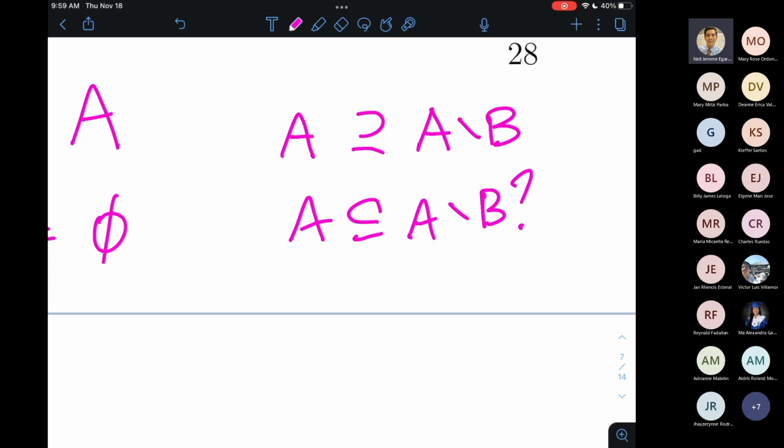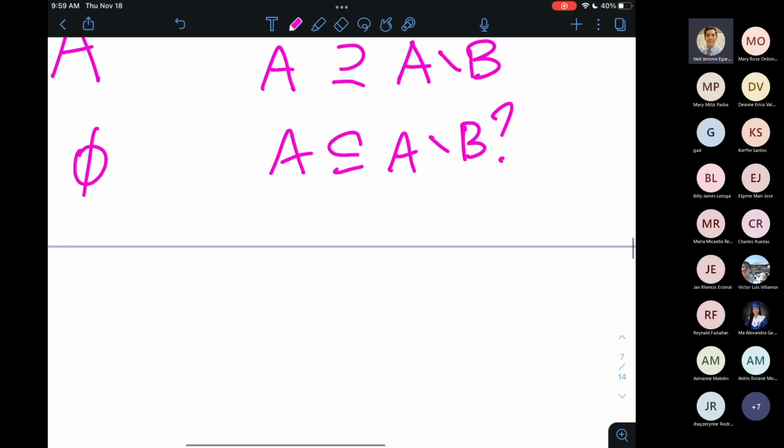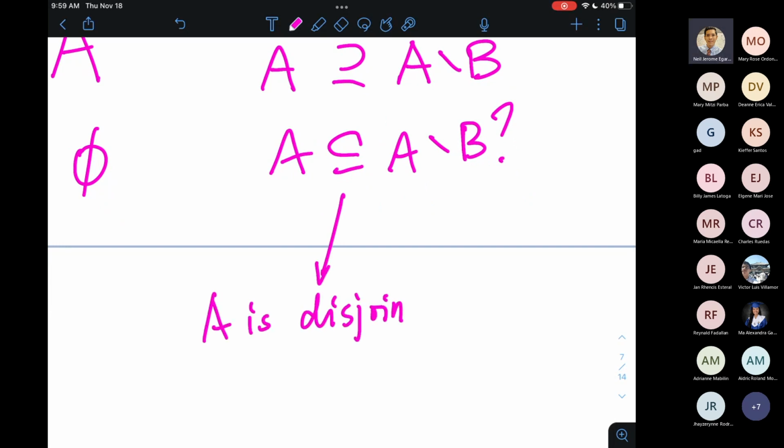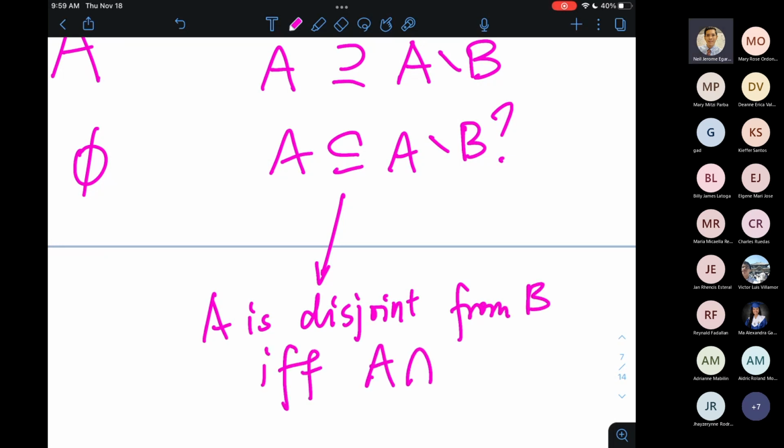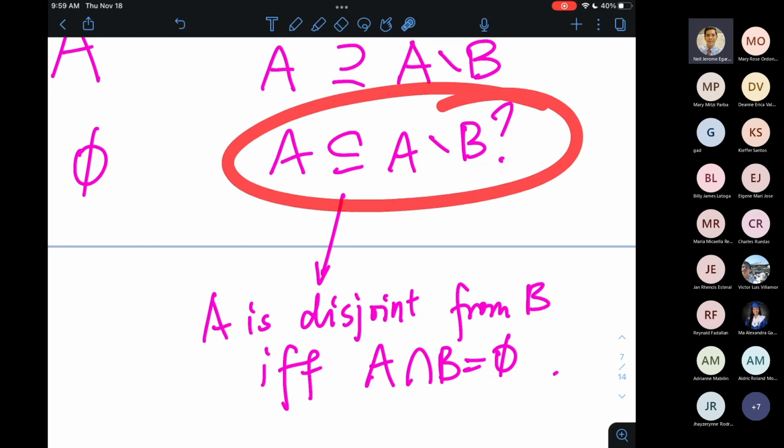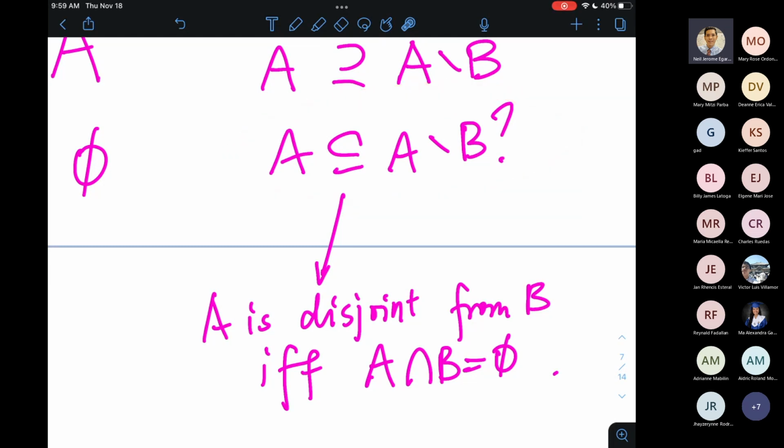So A will become a subset of A minus B if A is disjoint from B. We say that A is disjoint from B if and only if their intersection is empty. Or we can also say that A and B are disjoint if and only if wala silang common elements. And this subset relation will be true if A is disjoint from B.